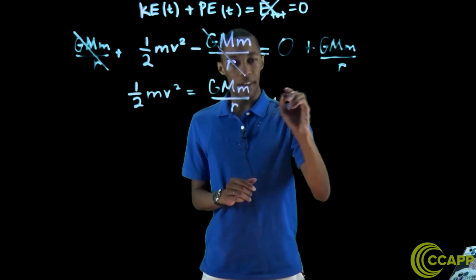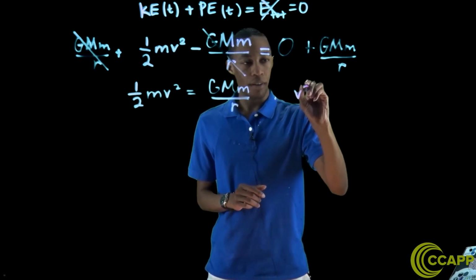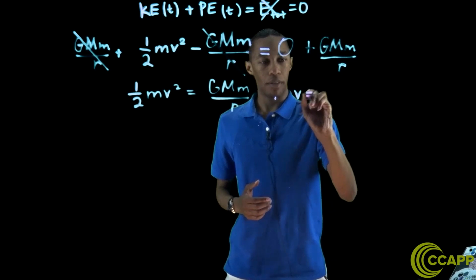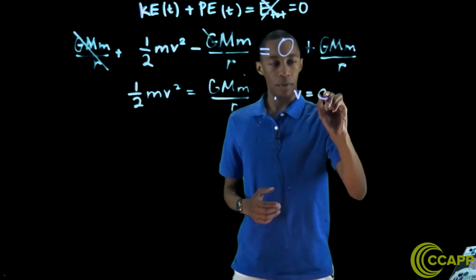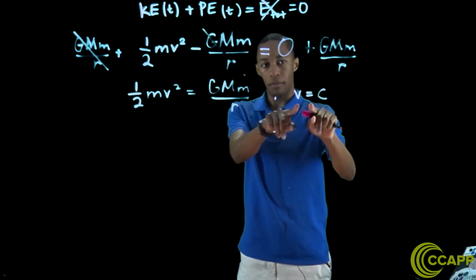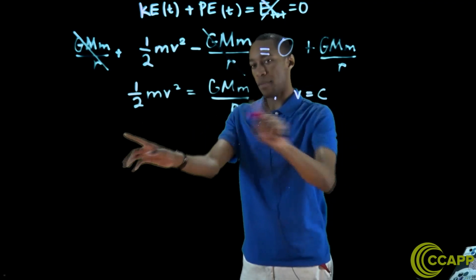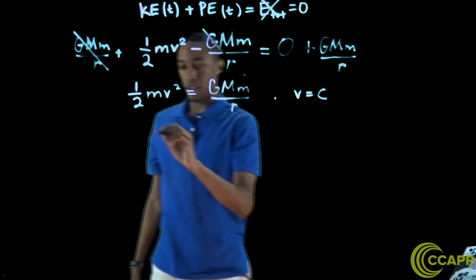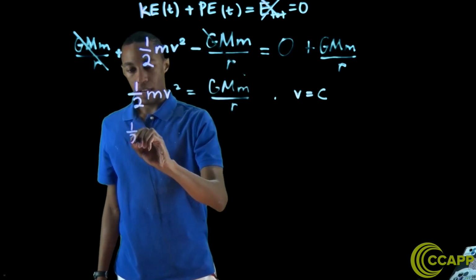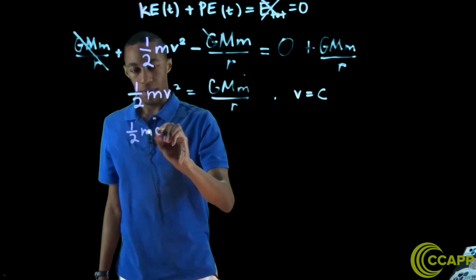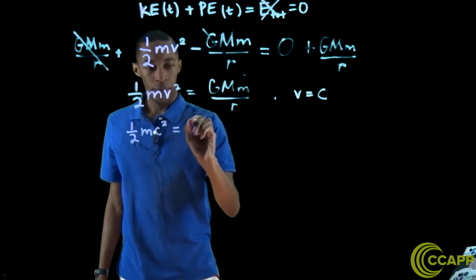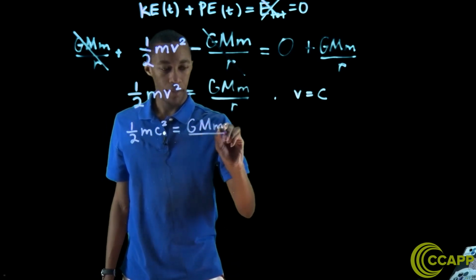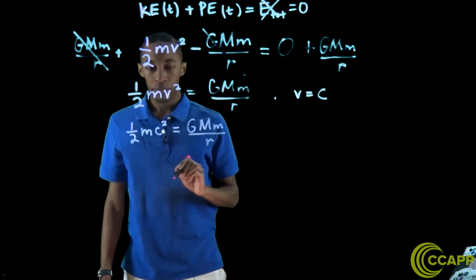So I'm going to say that my v is just going to be equal to c. I'm going to rewrite this exact same equation, changing nothing, just where I have v squared, I'm going to make it c squared. So I get 1/2 mc squared is equal to G capital M lowercase m divided by r.